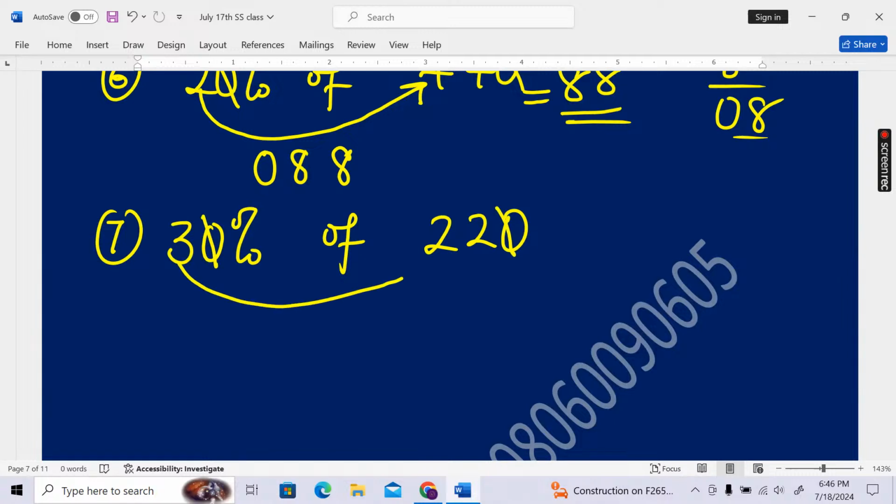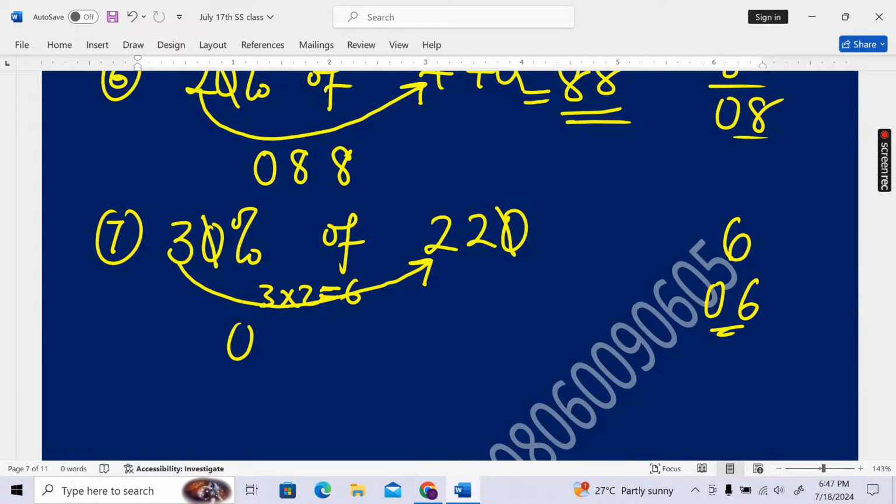Multiply 3 by 2. 3 times 2 is equal to 6. But we need 2 digits to be written down. Another way to write the number 6 is to write 06, because 6 is the same as 06.